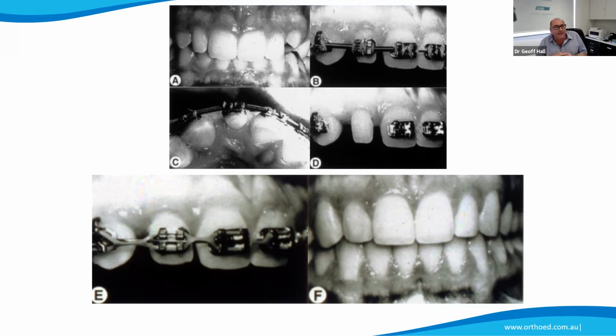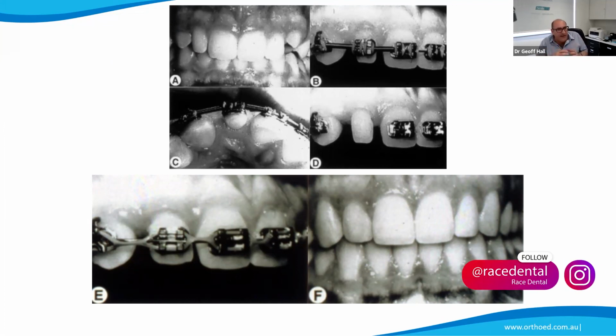So in a case like this, the team leader is the restorative dentist, which is probably going to be you as a general practitioner. So if you're working with an orthodontist, or even if it's yourself doing the orthodontics, you've got to say to yourself, how am I going to do it? Or how do I want to work with a specialist?